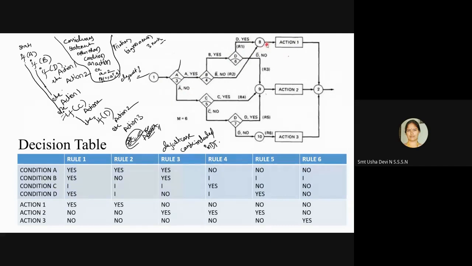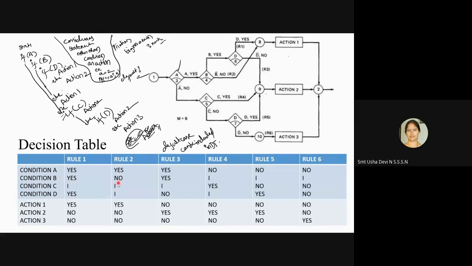If you observe another path: A yes, B bar no. And there is no C as well as D. So it doesn't matter what the values of C and D are to lead to this action one. We simply consider those two values as I only.